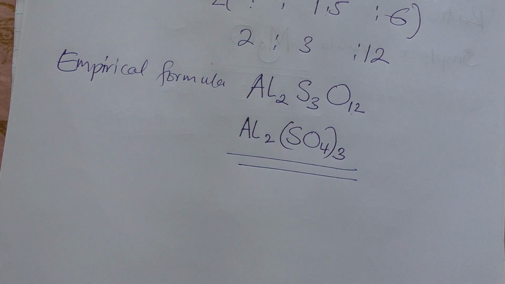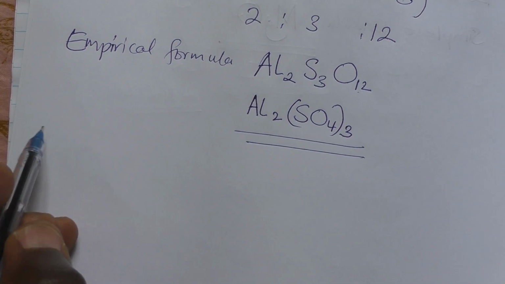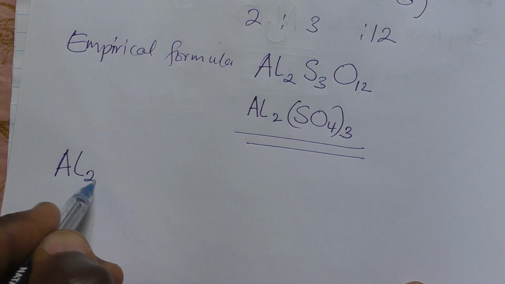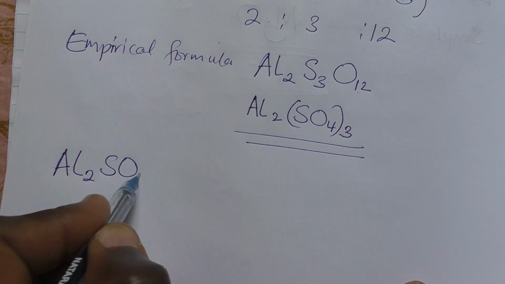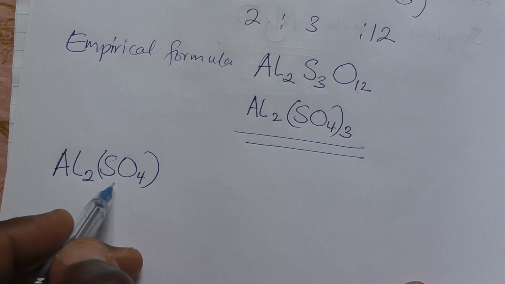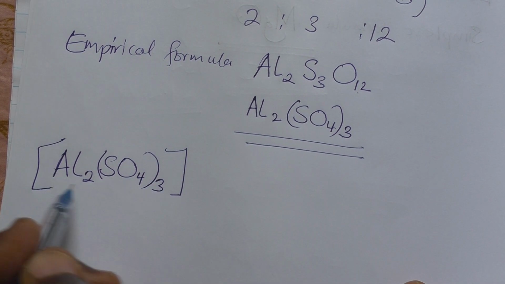Then we are looking at how we get the molecular formula. The molecular formula is gotten by multiplying the empirical formula by n, because remember we saw that the molecular formula gives us the actual number of atoms of different elements in a compound.